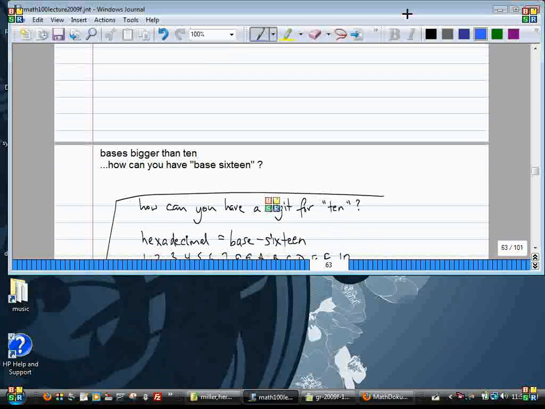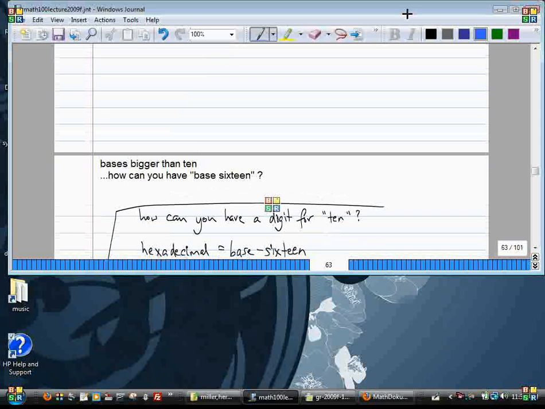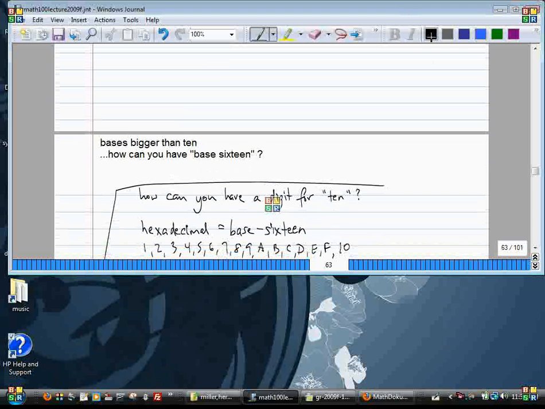And the way that they solve this problem is after you have the digits 0, 1, 2, 3, 4, 5, 6, 7, 8, 9, then we just go A, B, C, D, E, F. So in base 16, we have the digit A. The digit A is equal to what in base 10? It's 10. Exactly.